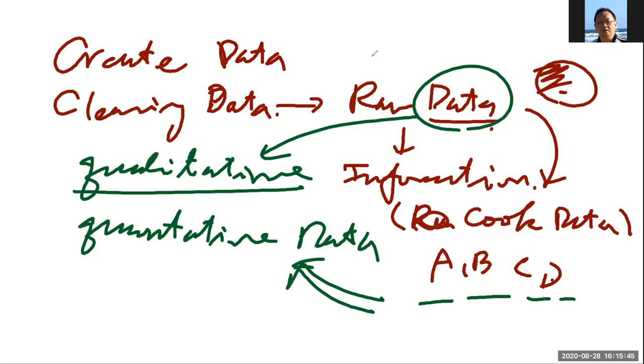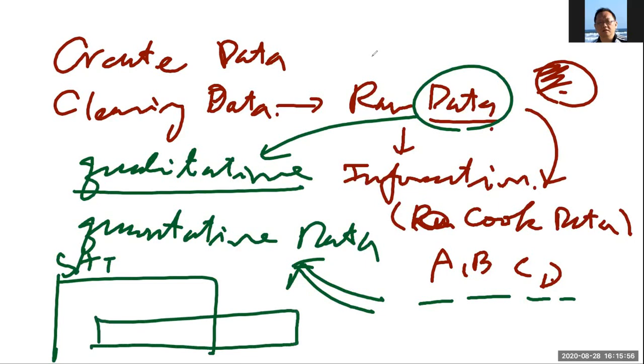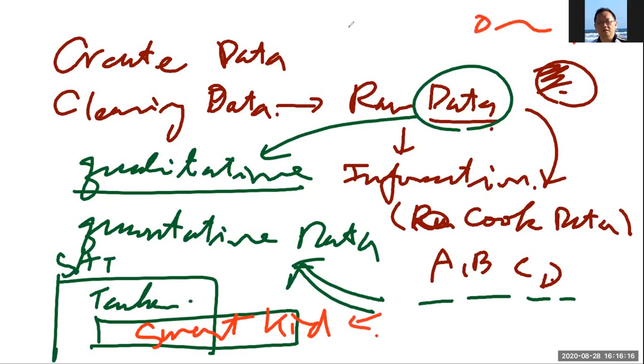Qualitative data maybe is something like, SAT may not have it, but your score report would have it, right? There will be a field, and then your teacher fills in some information about his student, and she may write down "smart kid." So this smart kid actually is what? It's not 0 to 100.